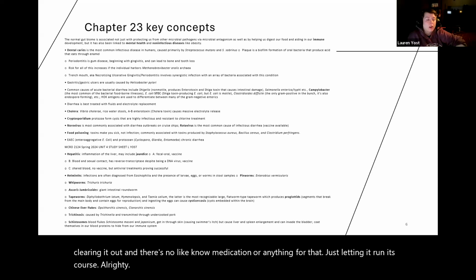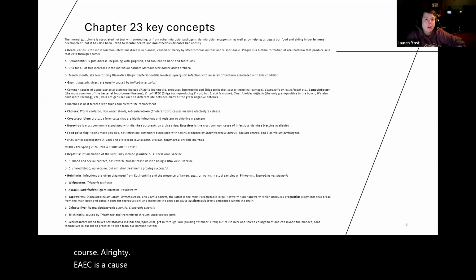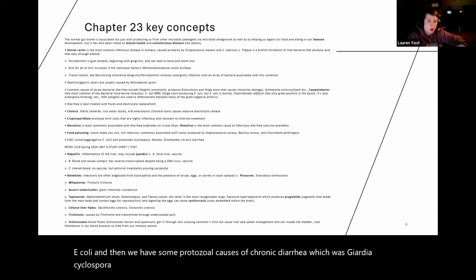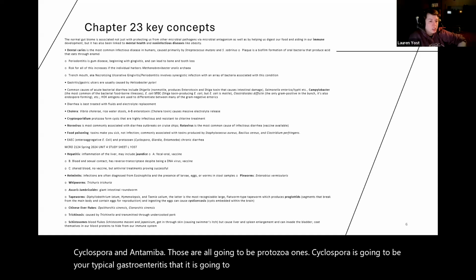EAEC is a cause of the chronic versions of diarrhea. So this is enteroaggregative E. coli. And then we have some protozoal causes of chronic diarrhea, which were Giardia, Cyclospora, and Entamoeba. Those are all going to be protozoal ones. Cyclospora is going to be your typical gastroenteritis that is going to be a chronic presentation. It's fecal oral transmission.